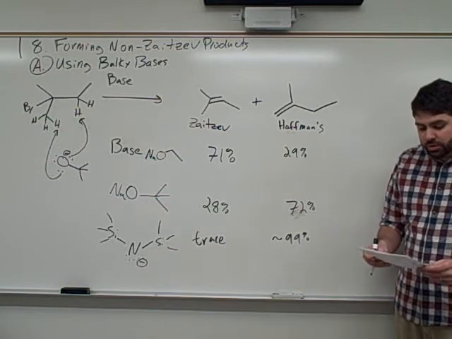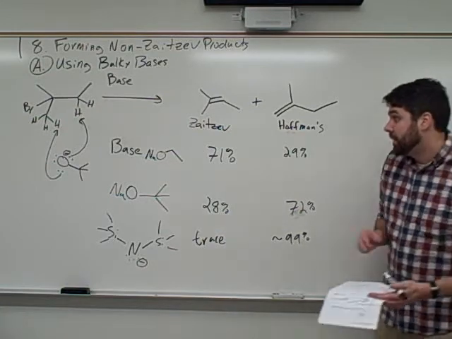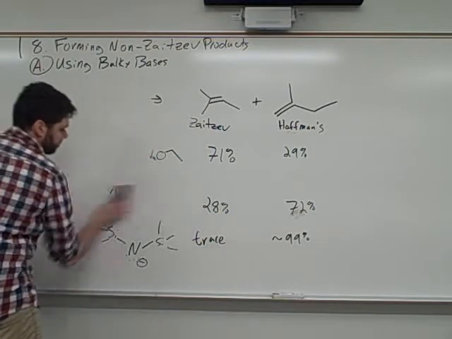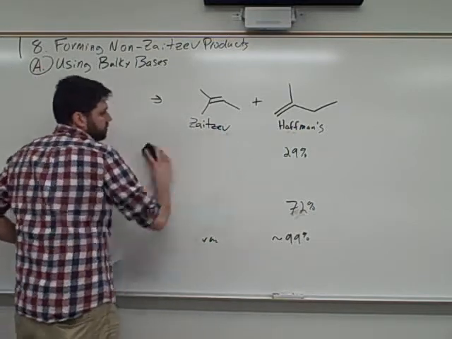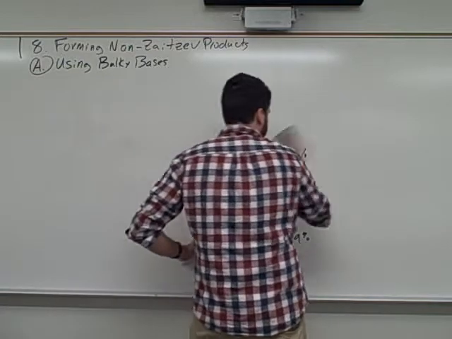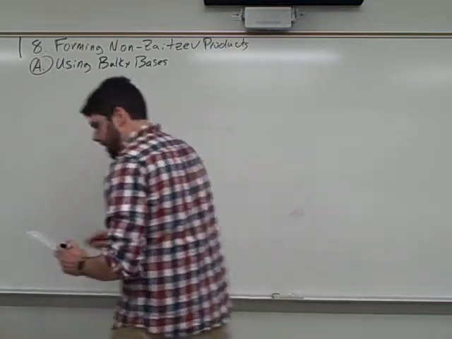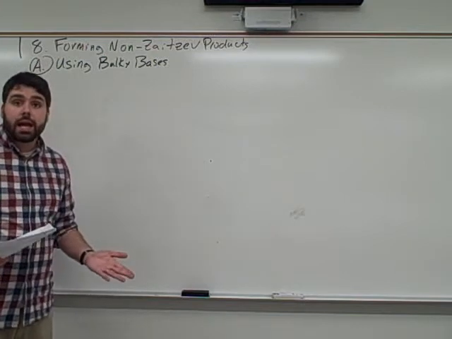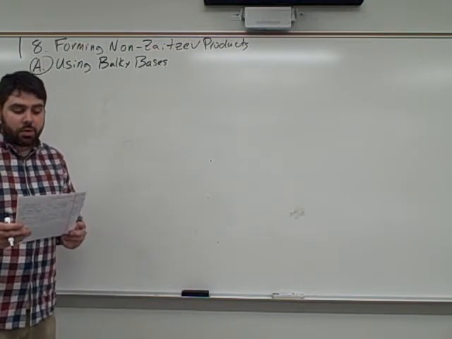Okay, so this is one way in which you can favor Hofmann's product over Zaitsev's product. The other way you can do this is something called the Hofmann elimination. So let's erase the board here. Okay, so the Hofmann elimination, instead of using an alkyl halide as our leaving group, uses an alkylated amine.